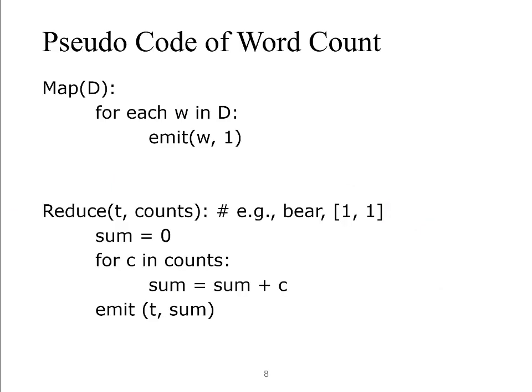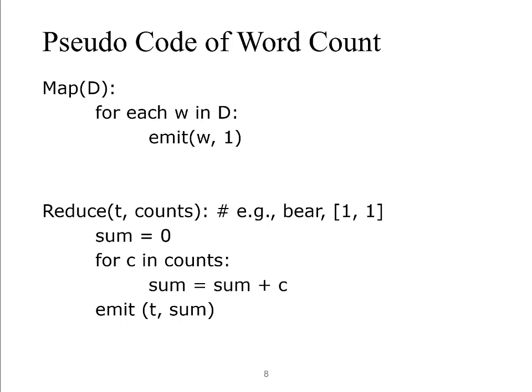So as we mentioned before, in MapReduce, all you need to do is to write a map and to write a reduce. There are 2 methods, 2 functions. That's all for MapReduce. And in this word count example, the pseudocode of map and reduce functions is like this.